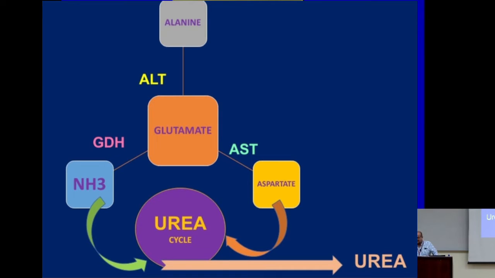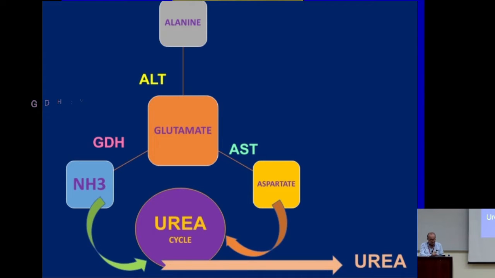And finally, you can produce ammonia directly from some of that glutamate you collected by glutamate dehydrogenase.